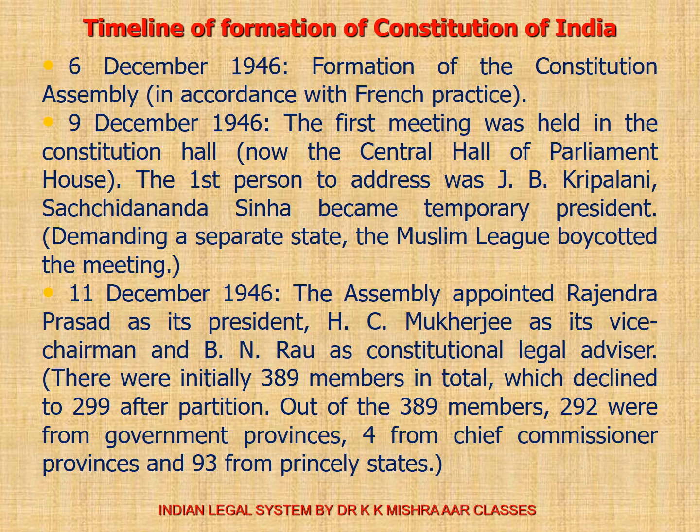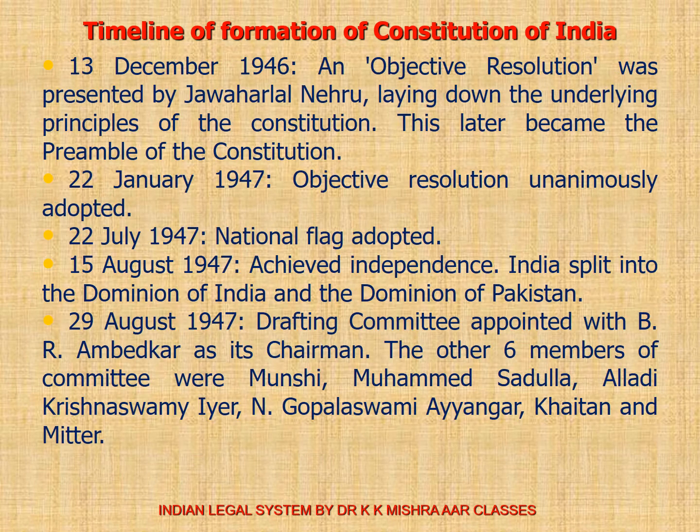Out of the 389 members, 292 were from government provinces, 4 from chief commissioner provinces, and 93 from princely states. Another date, 13 December 1946: an objective resolution was presented by Jawaharlal Nehru, laying down the underlying principles of the Constitution. This later became the preamble of the Constitution.